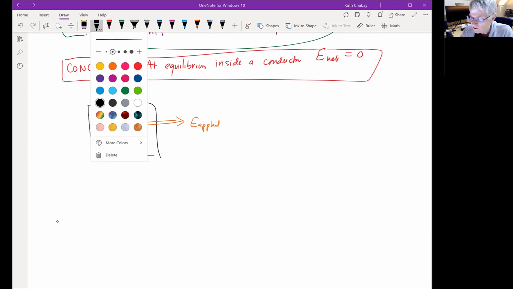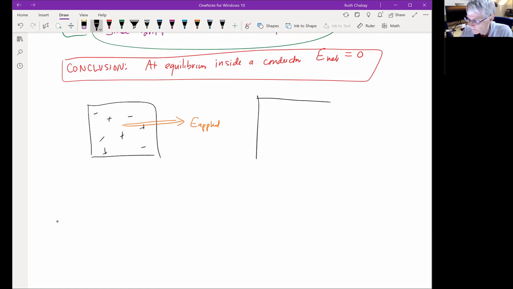And we said that this would polarize so that we had some excess negative charges here and some positive charges here. But we've still got this applied field. It hasn't gone away. So how can E net be 0 inside?